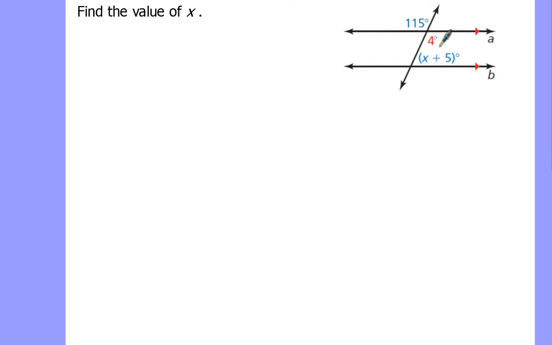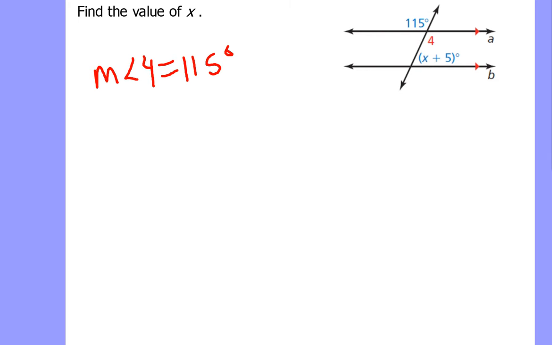But we do know that the measure of 4 and the measure of x plus 5 are consecutive interior. And you also know that 4 and 115 are vertical angles. So I can say that the measure of angle 4 also equals 115 degrees.